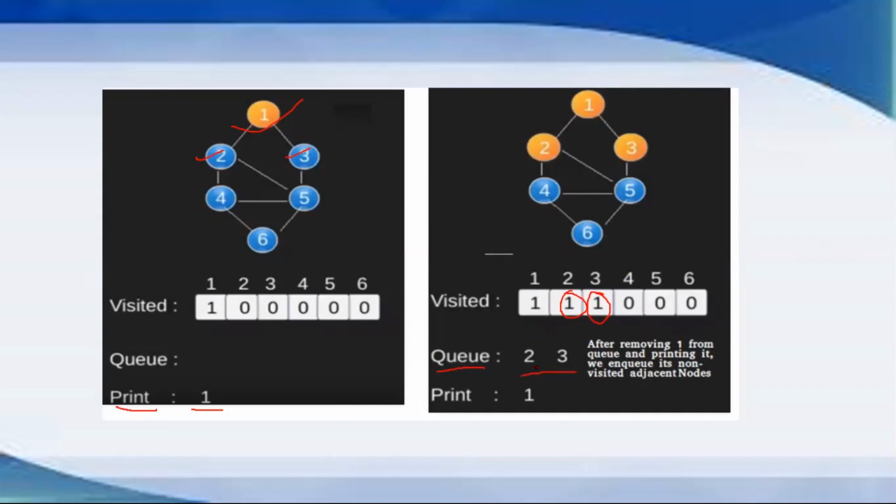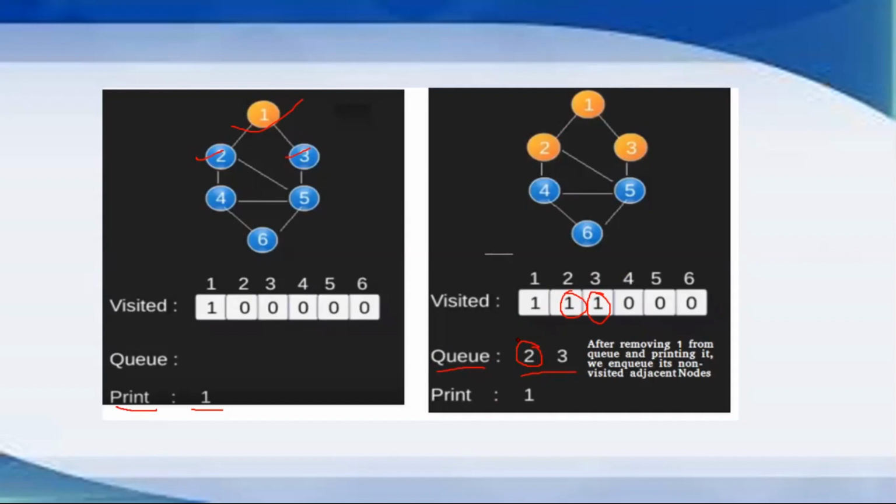Now again the same step. Now 2 will be removed. In the queue, we enter the elements at the end, and we remove the elements from the front. So we will remove the element 2 because 2 is at the front of the queue.